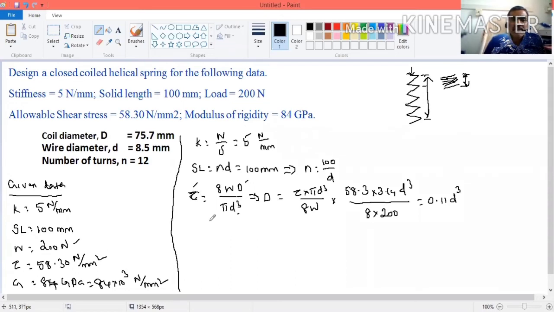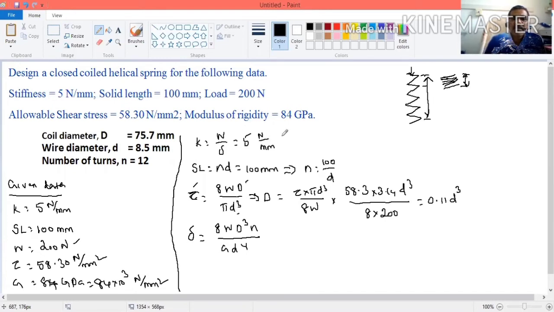So now let us calculate delta. Delta is equal to 8 W D cube n divided by G d power 4. So this is the equation. We don't know the value of delta.